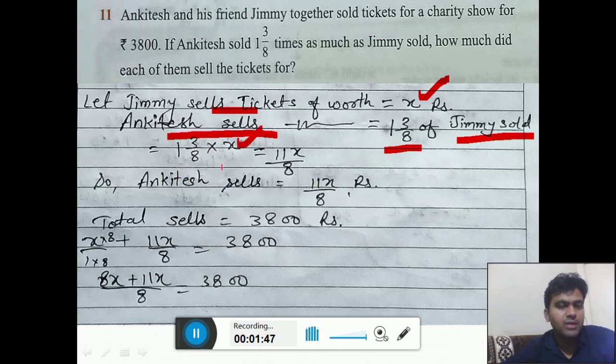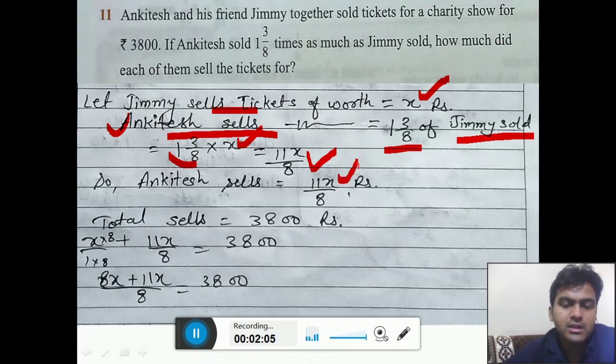So 1 complete 3 upon 8 is equal to what? 11 upon 8. How? 8 into 1, 8 plus 3 equals 11. So 11x upon 8 is the worth that Ankitesh sold the tickets. So Ankitesh sells tickets of 11x upon 8 rupees.